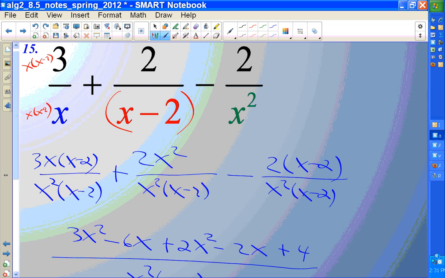Doesn't matter. You talk about the order? I wasn't sure if it was parentheses x minus 2, or like 3x. Riley wrote it like this: x times x minus 2 times 3. The order in which you write them in this state right here does not matter. It's totally up to you. Anybody else on this one?